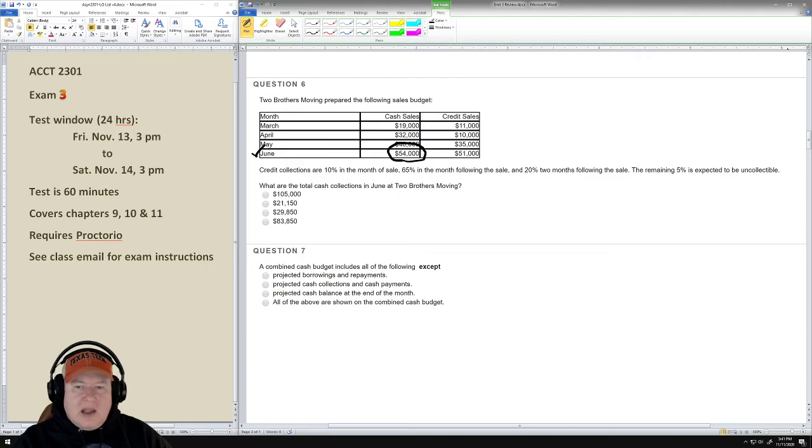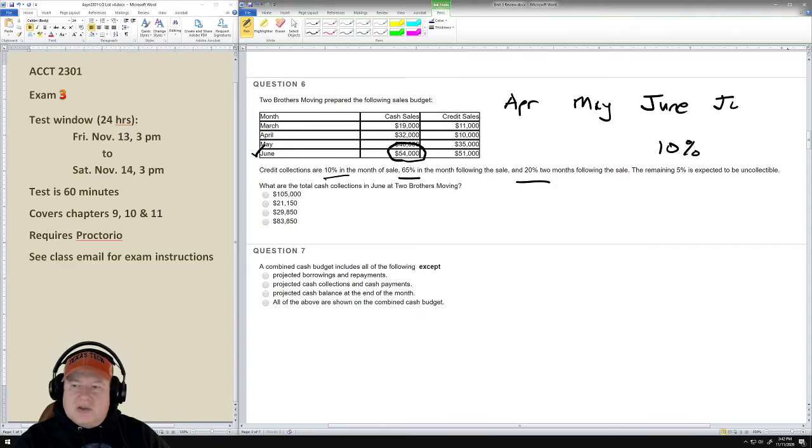So let me put a couple of things up here. If I said April, and May, and June. It's 10% in the month of sale, 65% in the following month, and 20% in two months following sale. So of this 51,000, how much gets collected in June? Of the June credit sales, how much gets collected in June? Well, it's 10%, right?